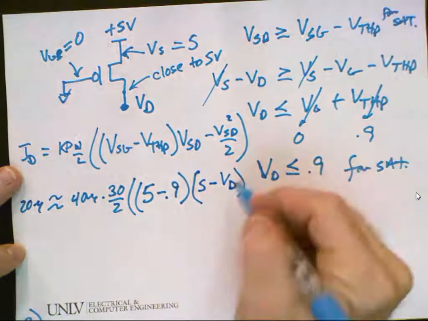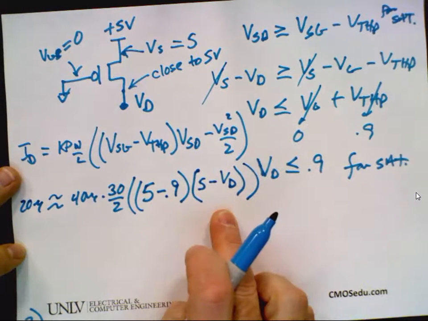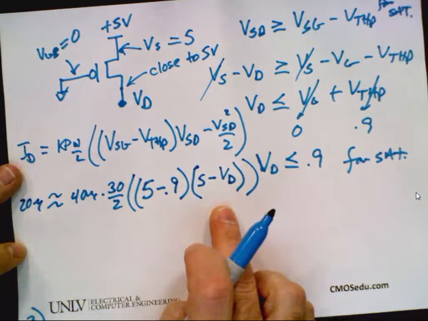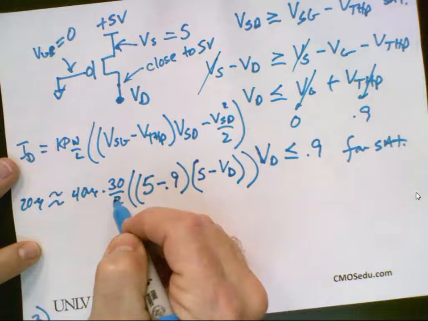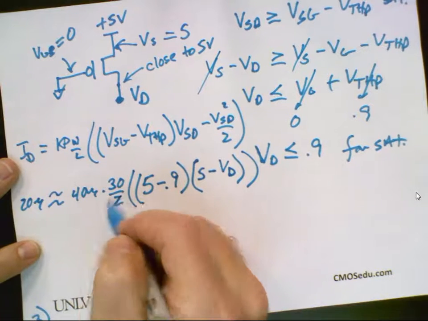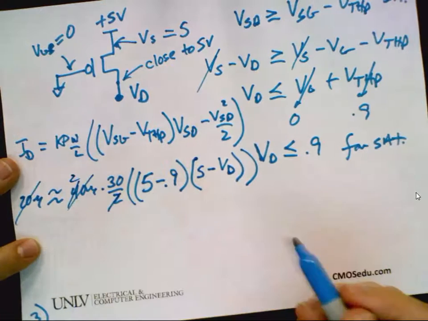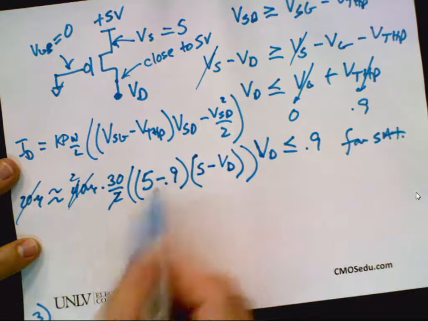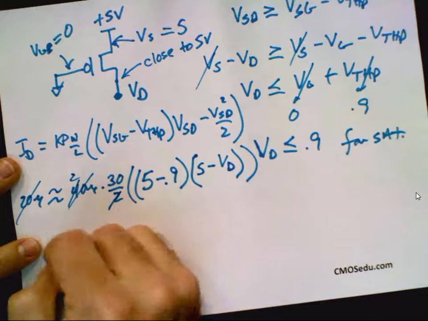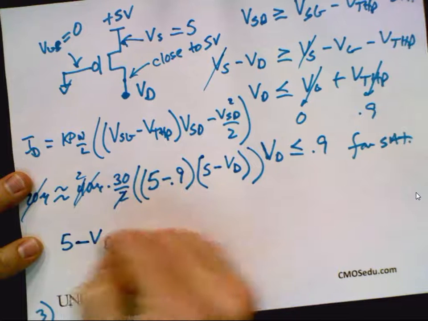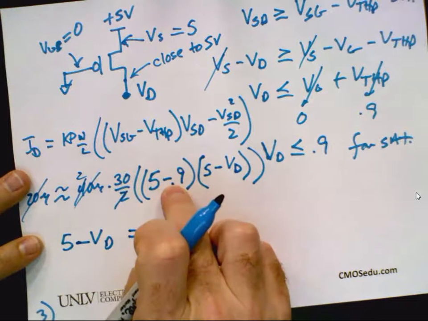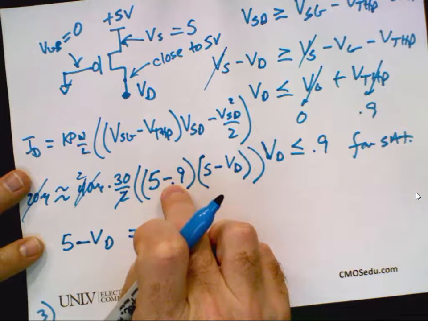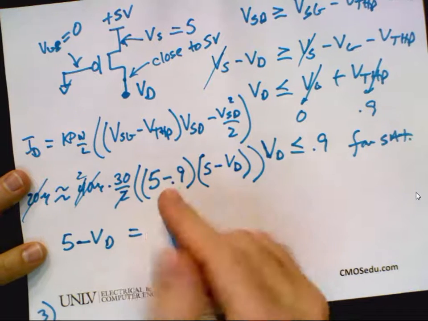Did everybody see how I'm simplifying life here? Okay, let's see if I can do a lot of this in my mind. So this would be 20. Those cancel. And then I get 5 minus VD equals 30 times 4.1, which is 120 plus 3, 123.